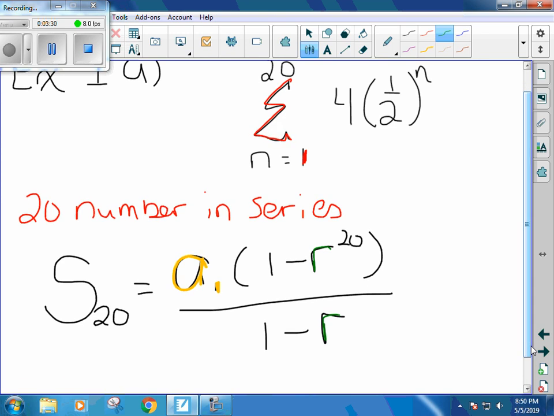Okay. To get my first term, a sub 1, that's when n is equal to 1. This number down here at the bottom, remember, that's what we're going to use to represent the first term in the series.